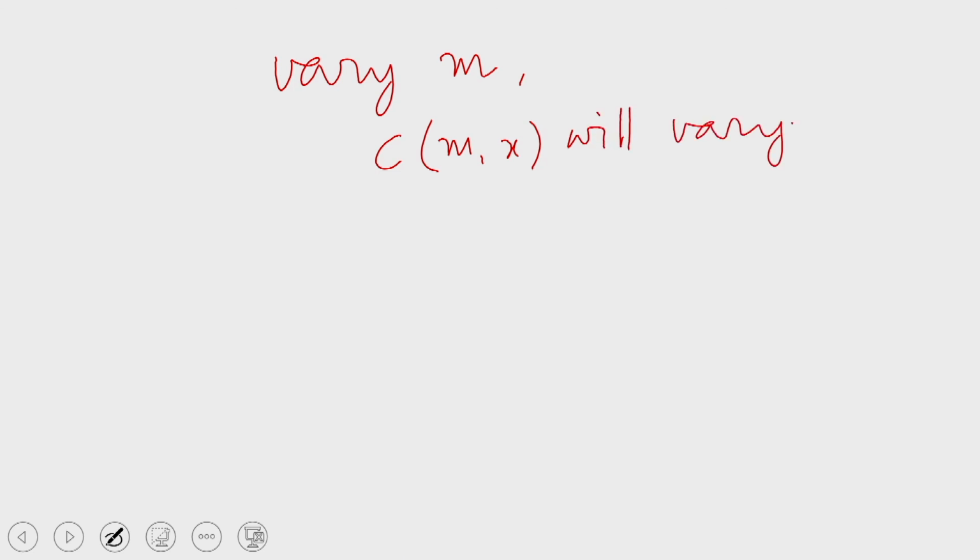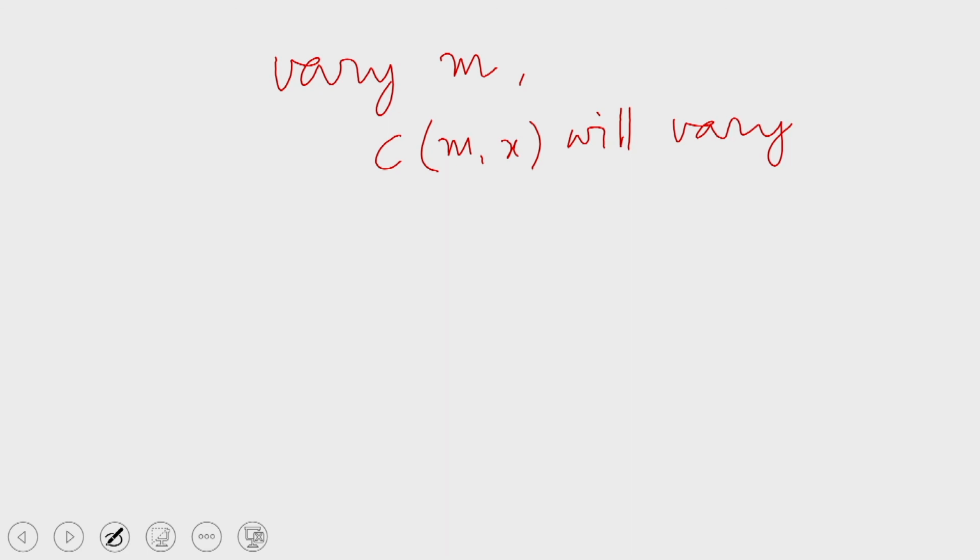So, vary m, C_m(x) will vary. In particular, when I vary m by 1, C_m(x) will vary by 1.